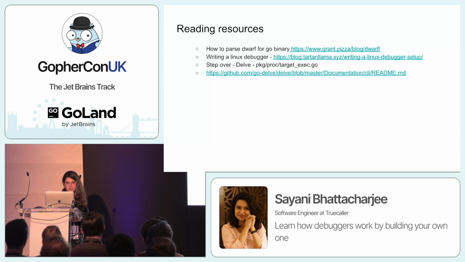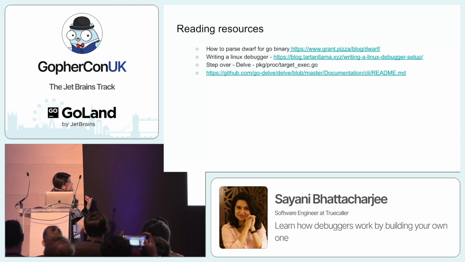Okay, we are towards the end. These are the reading resources that I have referred to. The first one is how you parse DWARF, and how you get all these symbol tables, and where your variable is, where your function is. It has a bunch of examples as well, so you should definitely check it out.